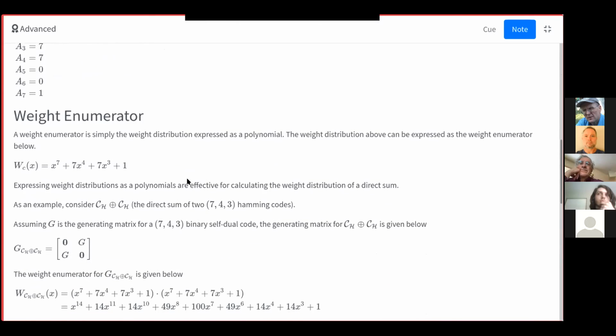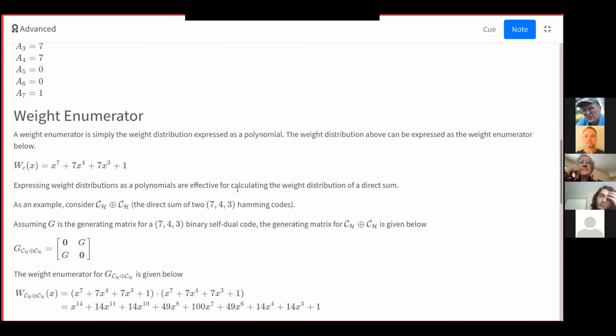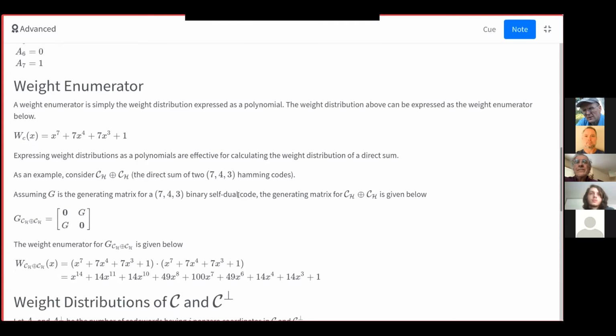Now, the weight enumerator is essentially the weight distribution represented as a polynomial. And the reason a polynomial is used is because whenever you have a direct sum of codes, it turns out that if you represent each portion of the direct sum as its weight distribution as a weight enumerator, which is a polynomial, then you can get the direct sum's weight enumerator by multiplying them as polynomials.